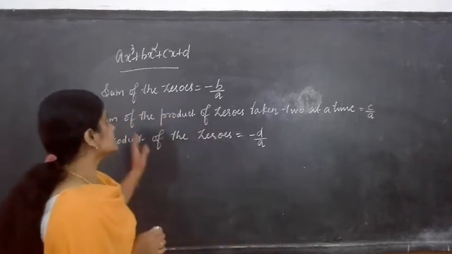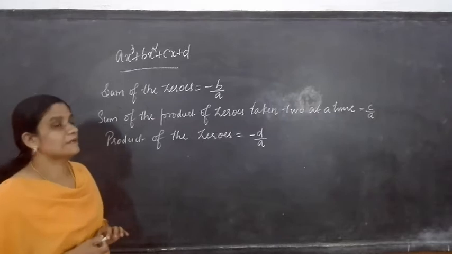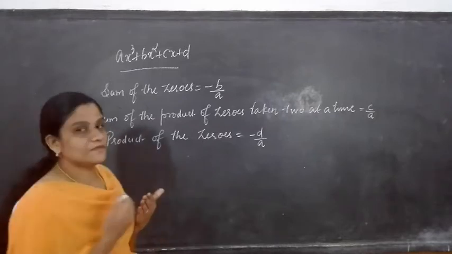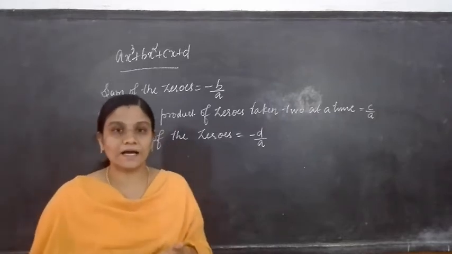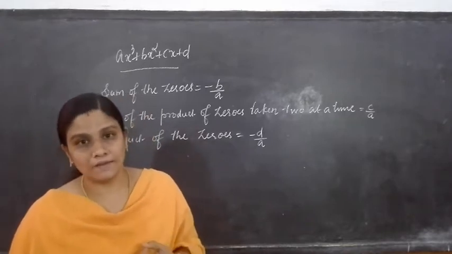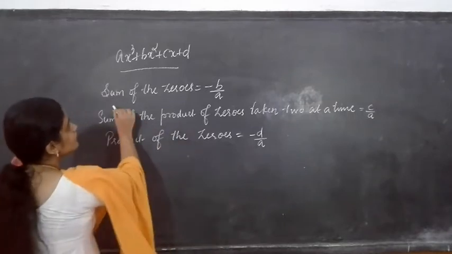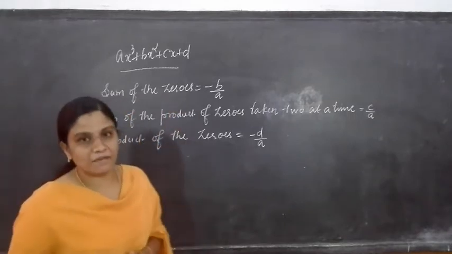So this is the general form of a cubic polynomial, that is ax cubed plus bx squared plus cx plus d. As we all know, for a cubic polynomial there are three zeros. So let them be alpha, beta and gamma. Now the sum of the zeros is equal to minus b by a.